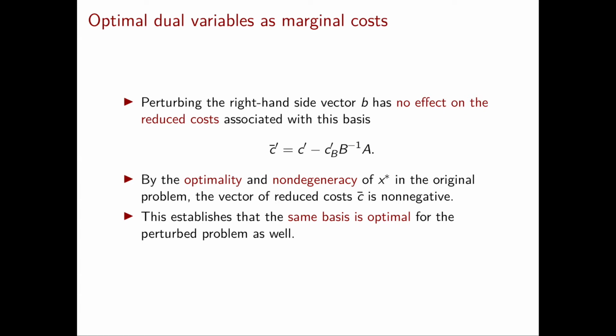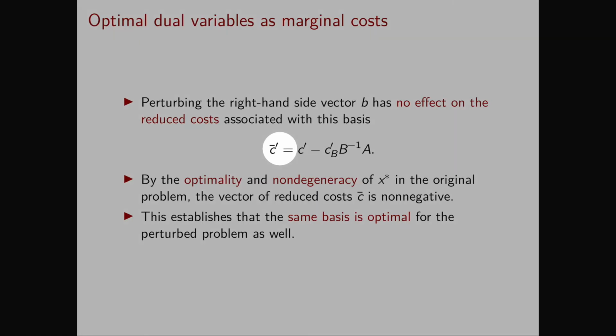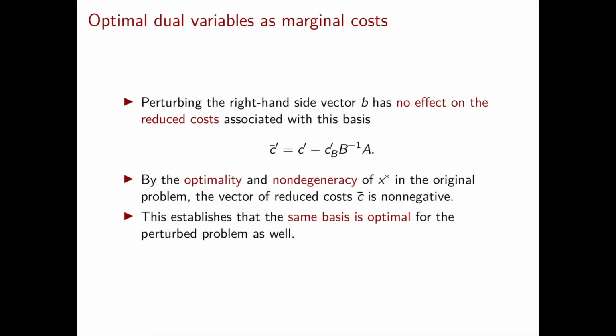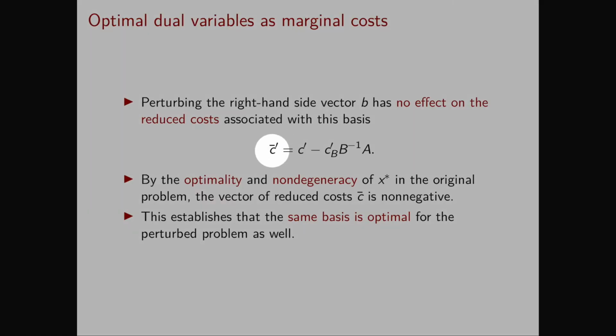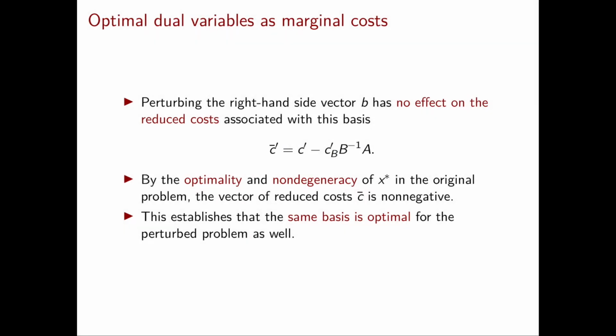To prove that, we need to look at the reduced costs associated with the basis. The formula for the reduced cost is always the same, c transpose minus cB transpose B inverse A. Note that this formula is completely independent of the right-hand side of our equality constraints. So these reduced costs are exactly the same before and after the perturbation.